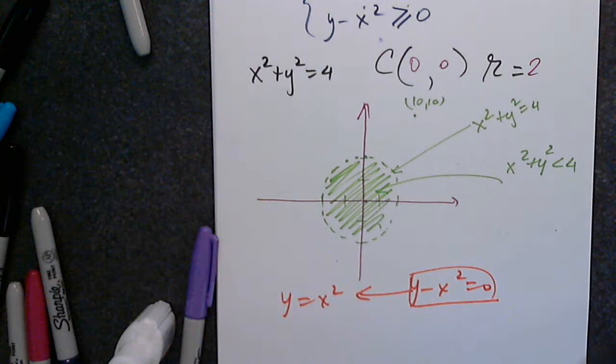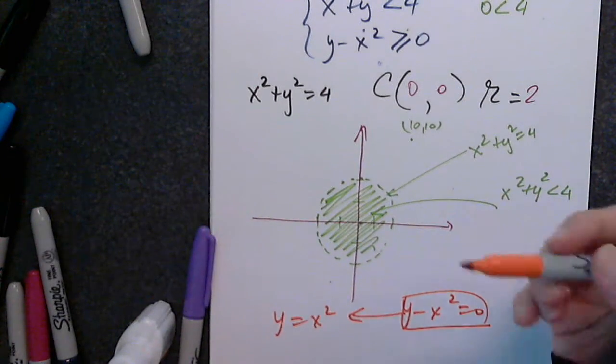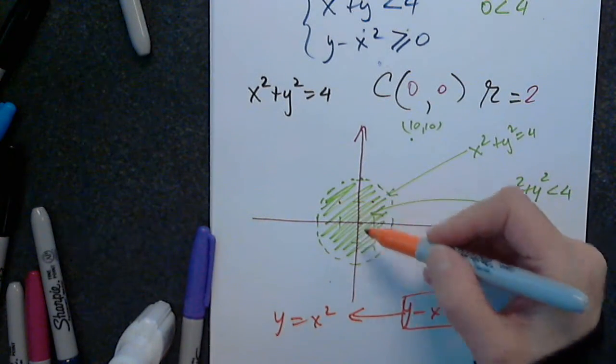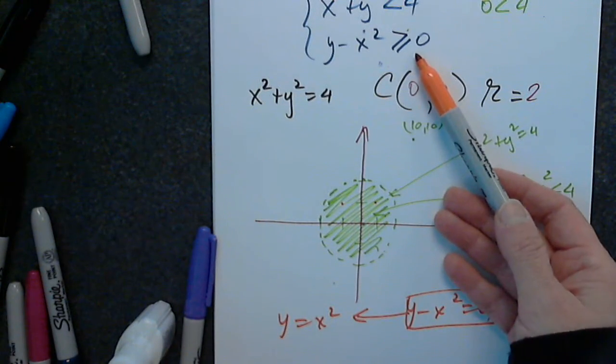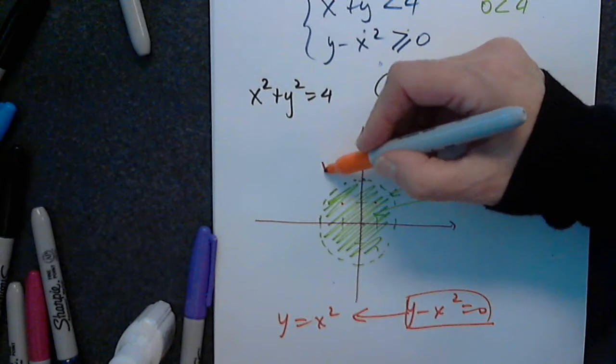Of course, it's a parabola with a vertex at the origin. So I know how to graph it. It goes through 1, 1, negative 1, 1, and 0, 0. But the question is, do I graph it as a solid curve? Yes, indeed. Solid curve.